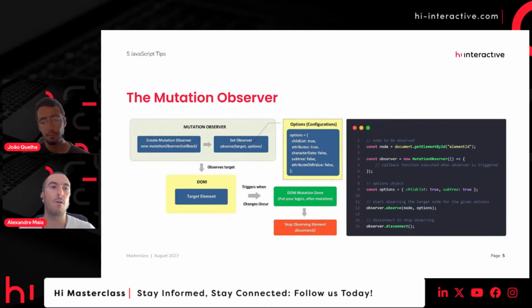It's a bit heavy to use, so it may slow down your page a little bit. So it's not something that you want to use all the time for everything. But if you are working, for example, with a component or with a pattern that you can change, maybe you can take advantage of the Mutation Observer to listen for some change.